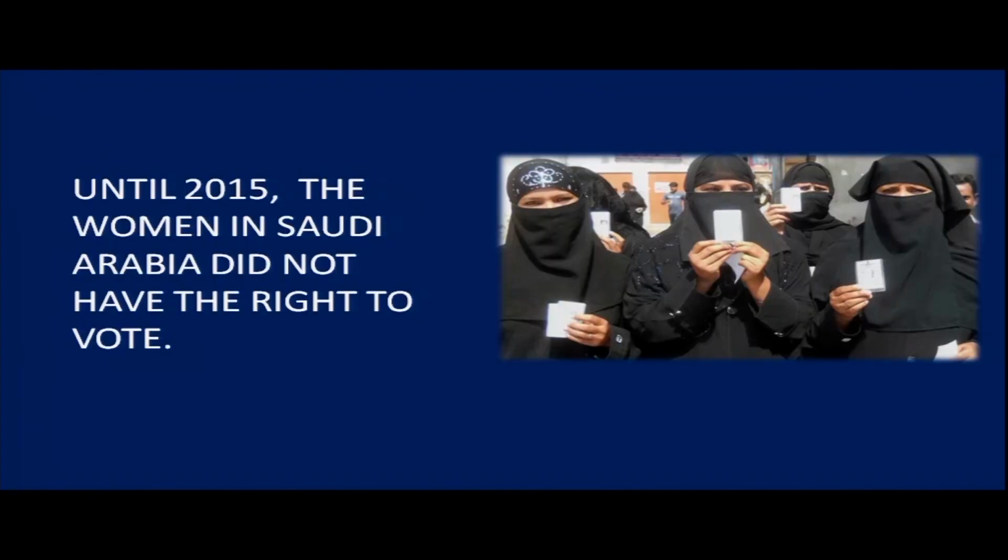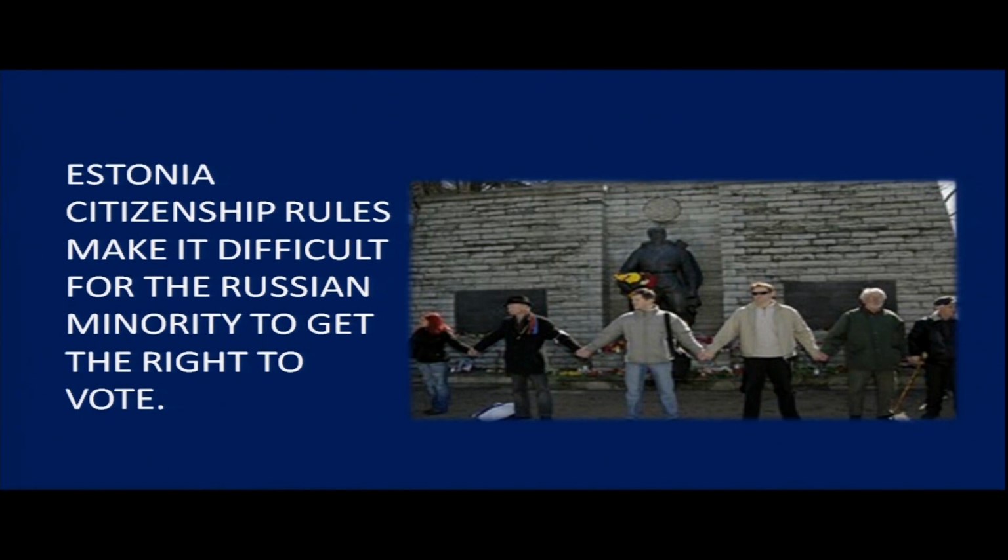Saudi Arabia is a country where until 2015 the women did not have the right to vote. In Estonia, the citizenship rules make it very difficult for the Russian minority to get the right to vote.